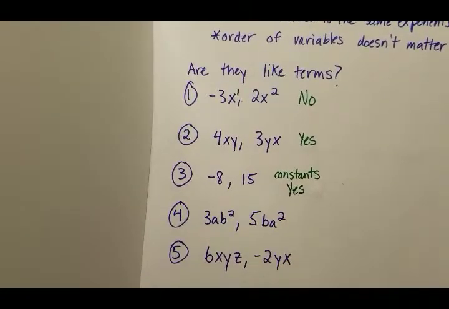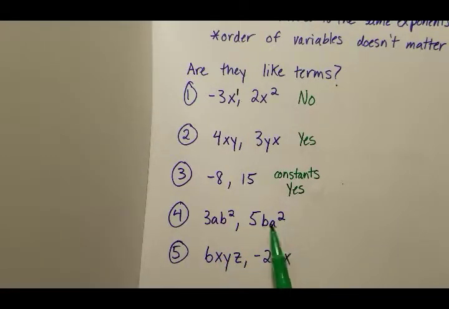Okay, if we look at example 4 here, we've got 3ab squared and 5ba squared. Do we have the same variables? We've got an a, we've got an a, we've got a b, we've got a b. Are they raised to the same exponents? Well, we notice one has a square and the other doesn't, in both of them. But if we look, this one is a, this one is a squared.